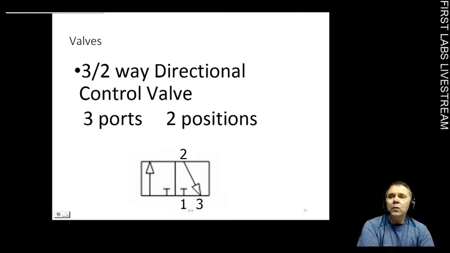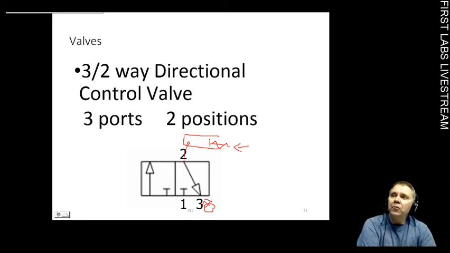Back there it would retract. If this was your cylinder right now, and let's assume it was pushed out, when it's connected up now, the air would be exhausted out port number 3, and that would allow your cylinder to retract.